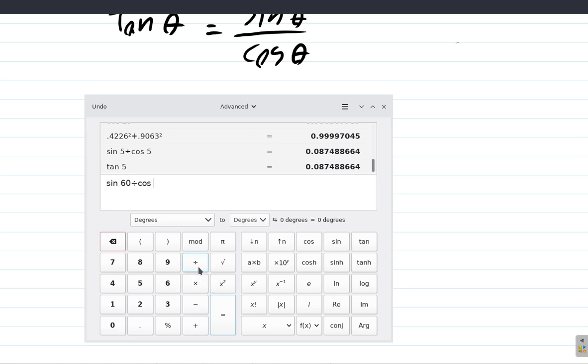What does that give us? 1.732. Suppose I find the tangent of 60. What does that give me? 1.732. Same thing, right?